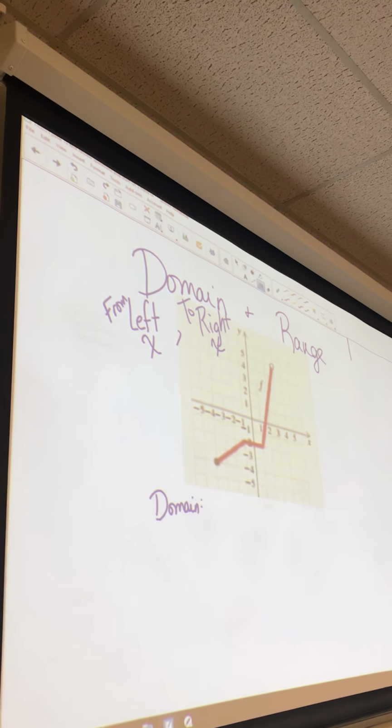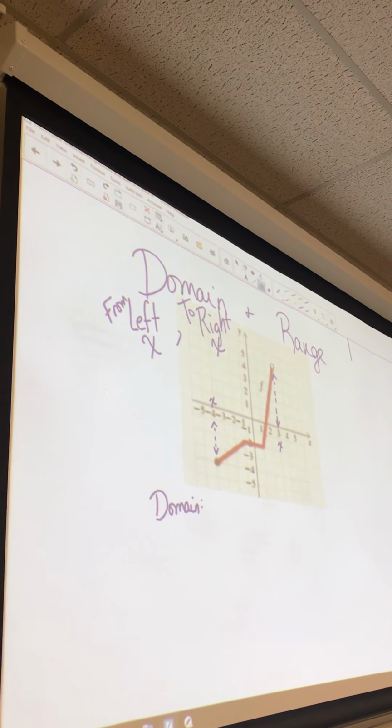So it'd be -4 and 3. Okay. Right, that's the furthest left x and the furthest right x.